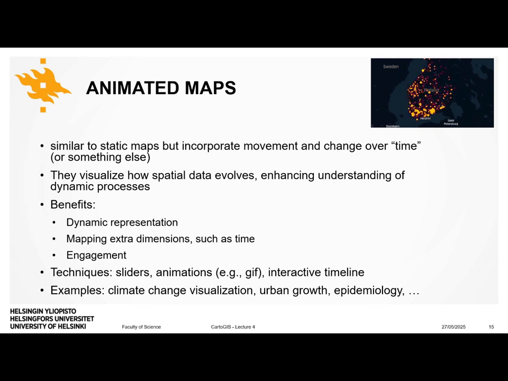There might be if you search better, but if I was to make an animated map like this, I would just make a number of static maps. If I go with the fire incidents in Finland, I would just export maps for each year, if that's what I want to visualize. And then there are many libraries to convert your single images into a GIF file. So it's basically a number of static files that are being played in a sequence. Then you get the animated maps.